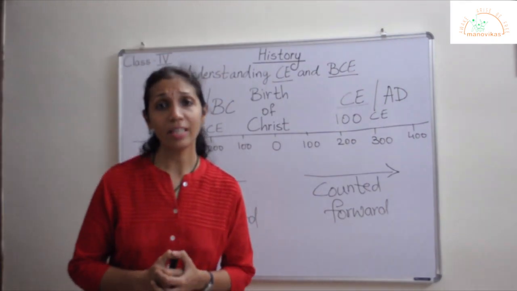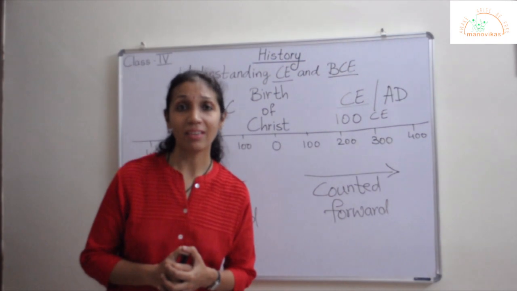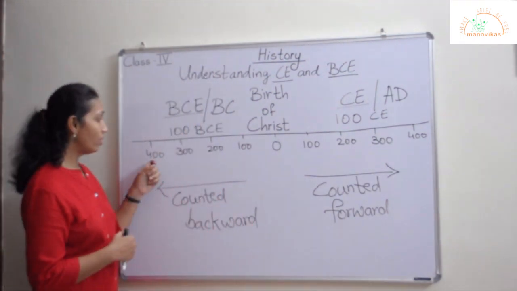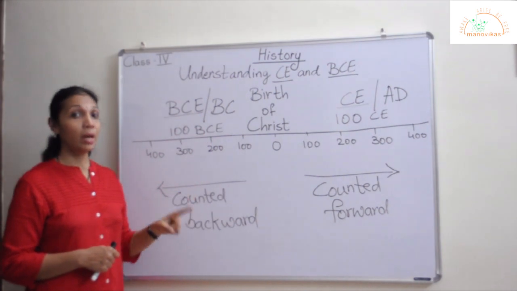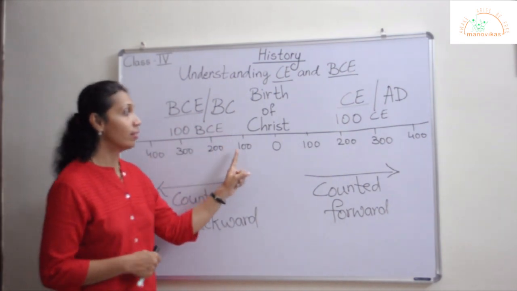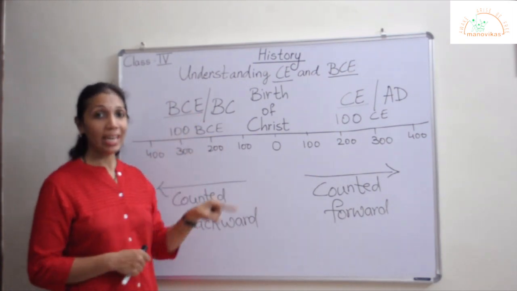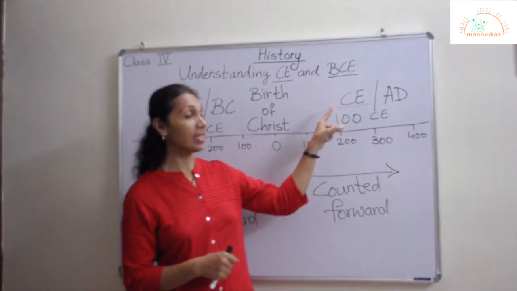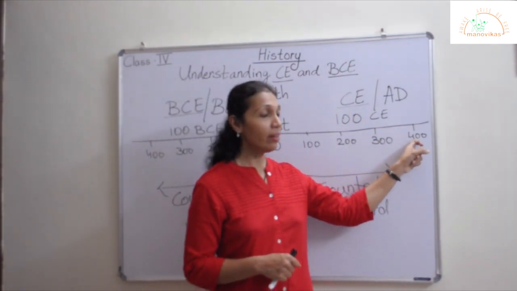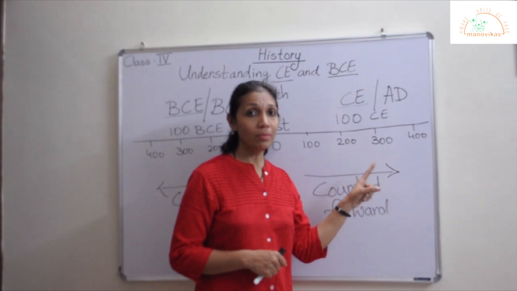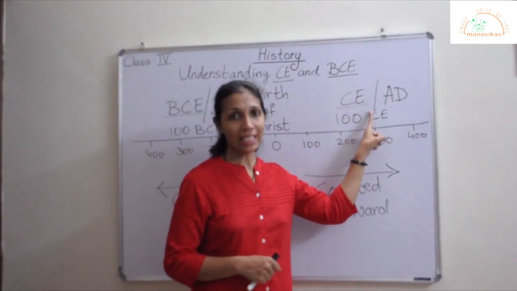It is interesting to note that when we count the BCE years, the year 400 BCE comes before the year 100 BCE, whereas when we count the CE years, the year 400 CE comes after the year 100 CE.